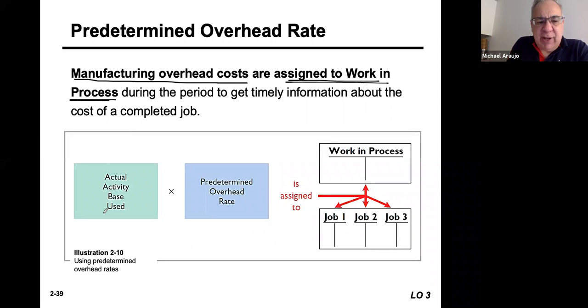Well, they look at the activity base that they are using. That could be, again, labor costs or something like this. They multiply it by the predetermined overhead rate, and then that's how overhead is assigned to each of the particular jobs. Okay, and you're going to see an example of this play out, and your homework on this part of the chapter will be based on this example.